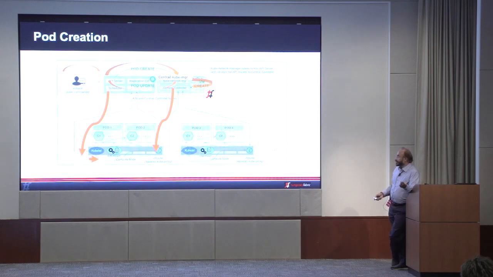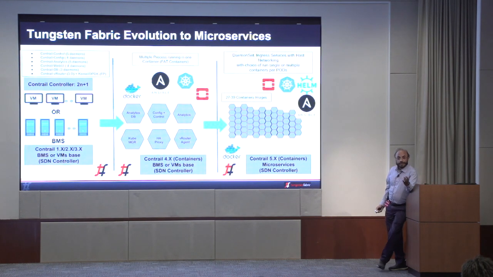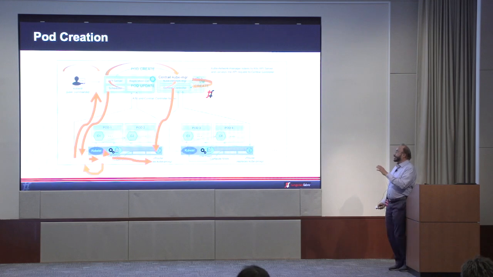Kubectl talks to the CNI plugin to plug the routing. It will talk to the VRouter agent. The VRouter agent will at that point provide the IPAM. It will give the IP address for the pod, and the networking gets plumbed, and the call goes back.